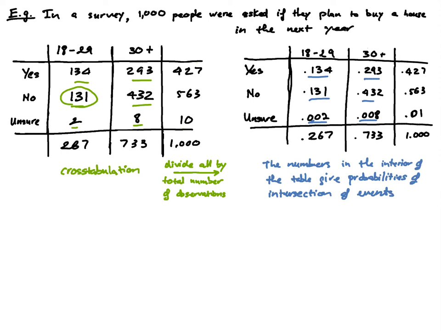For example, the probability of the intersection between no and 30 plus is 0.432.